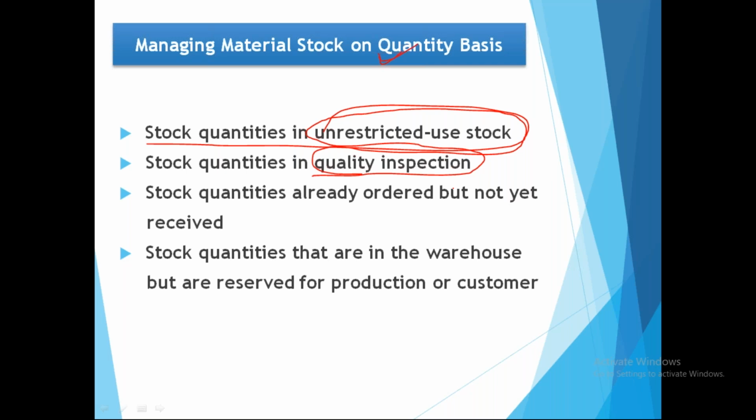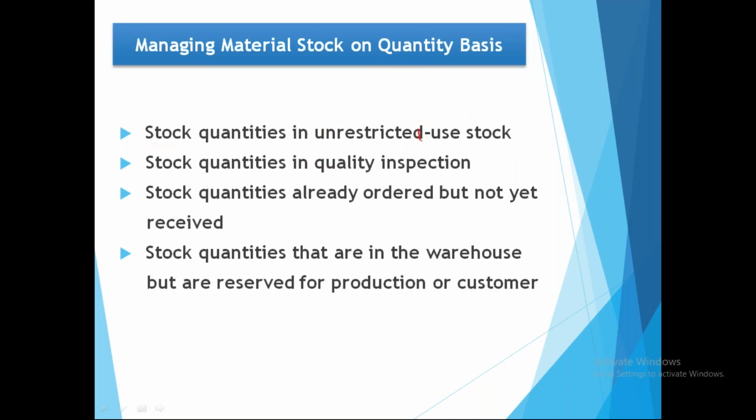Till that time, nobody can use that particular stock. So some stock can be in approved stock, some stock can be in quality inspection, and some stocks will be already ordered but not yet received, in transit. So you ordered the stock from the vendor or supplier, but it is not yet delivered. Those are called in transit stock. I will show you all these things in the system.